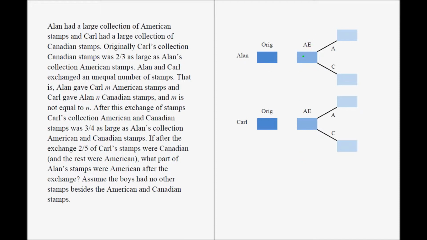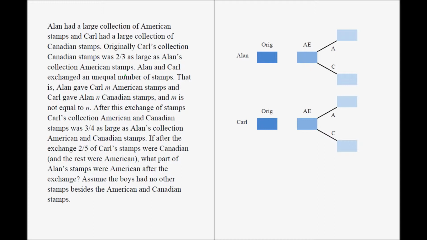After exchange, I need to know how many stamps Alan had, how many stamps Carl had, and then after exchange, Alan had both American and Canadian stamps. The A stands for American, C for Canadian, and the same thing is true for Carl. After exchange, Carl had Canadian stamps and American stamps. So once we can fill out this table, we are in pretty good shape. So let's see how we can work on the table.